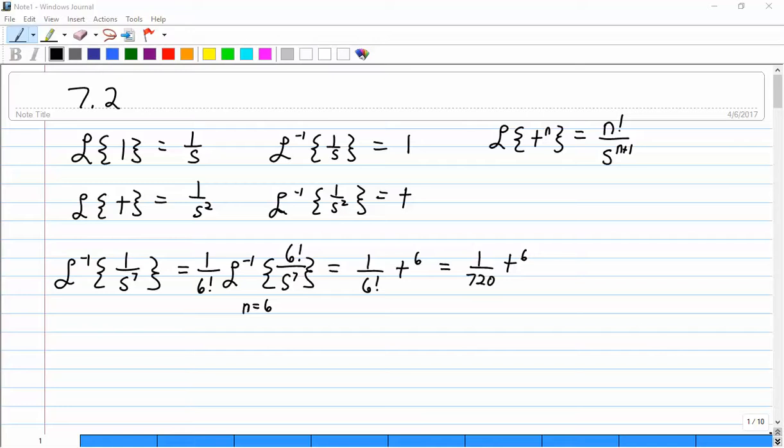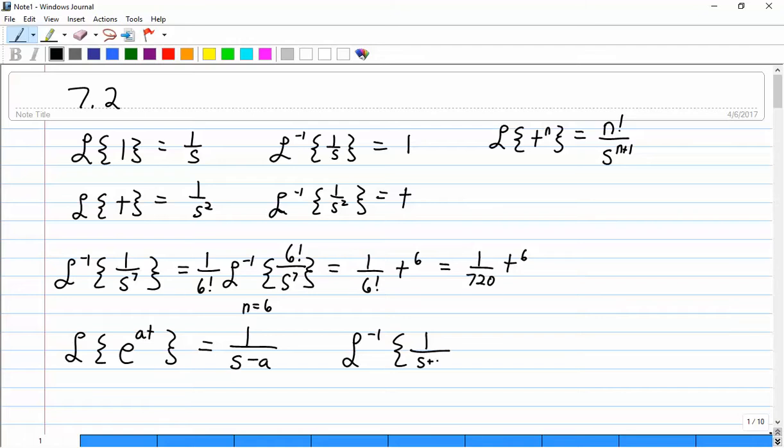All right, we also went over the rule for Laplace transforms that the Laplace transform of e to the at is equal to 1 over s minus a. So what if I wanted to take the inverse Laplace transform of 1 over s plus 5?